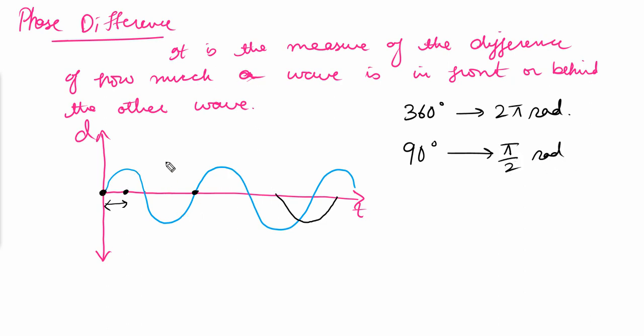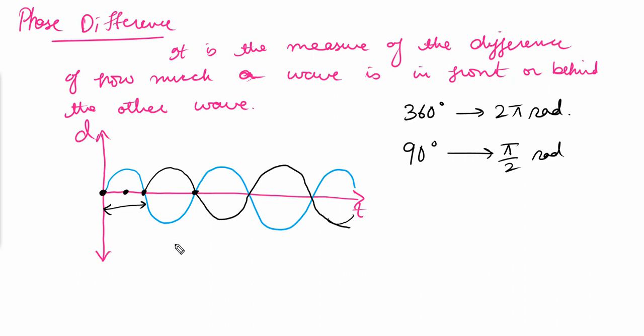Now let's start off with the black wave that will start from this position. So now my black wave is starting after a half cycle. So it will start from here, complete half cycle, complete full cycle, next cycle. Alright, so now you can see the difference in the starting point of the two waves.